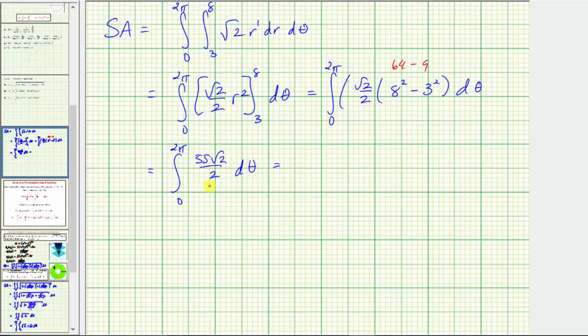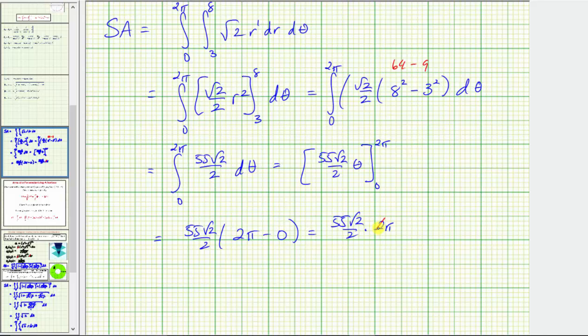And now we integrate with respect to theta, which gives us 55 square root 2 divided by 2 theta. And now we find big F of b minus big F of a, which is 55 square root 2 divided by 2 times the quantity 2 pi minus 0, which is equal to 55 square root 2 divided by 2 times 2 pi.